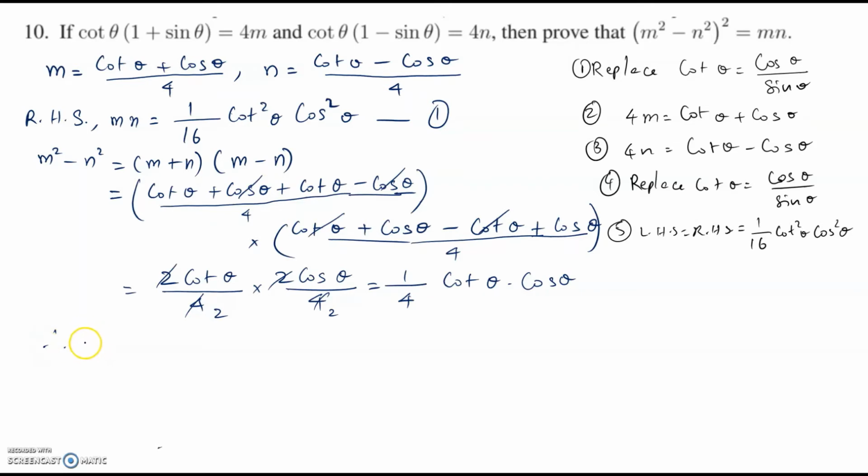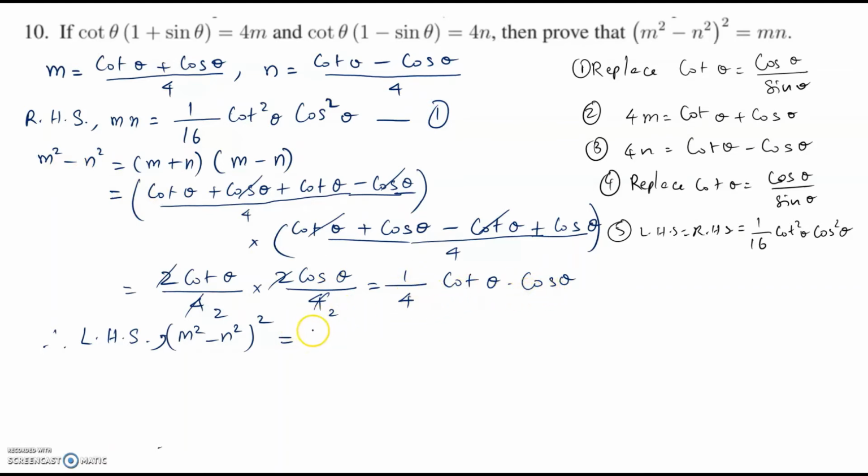Therefore, our LHS, which is m squared minus n squared, the whole squared. We found that m squared minus n squared is equal to 1 by 4 cot theta into cos theta.